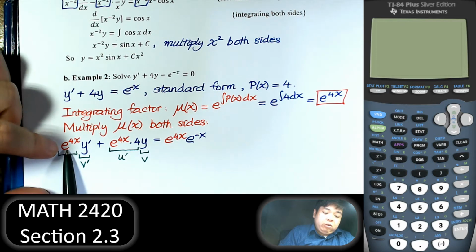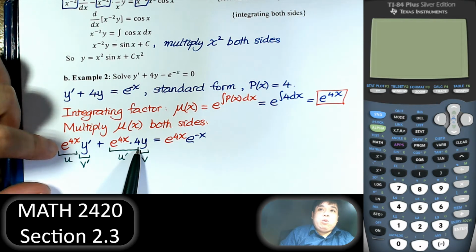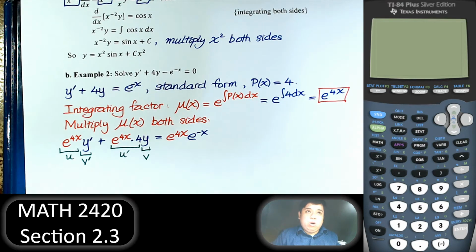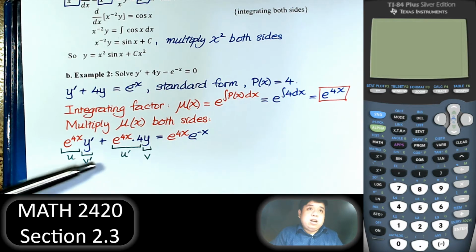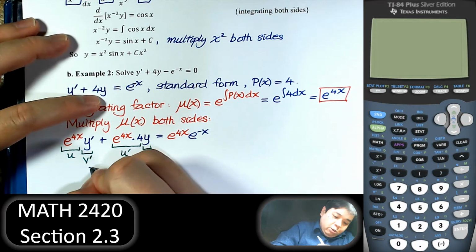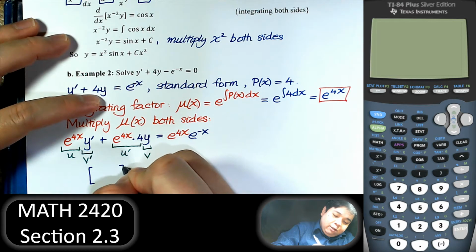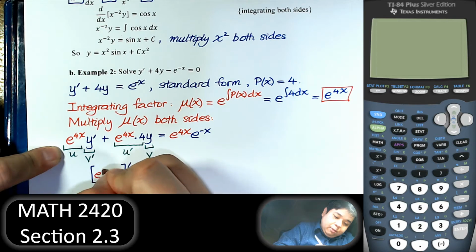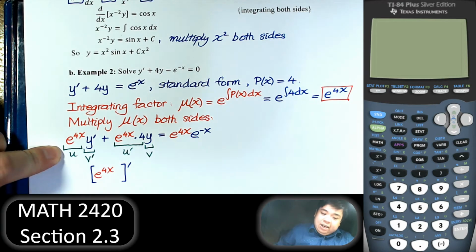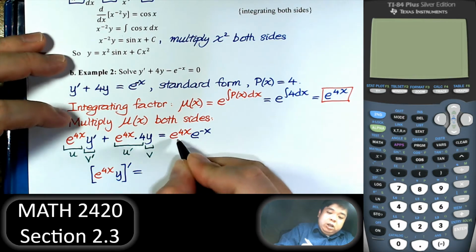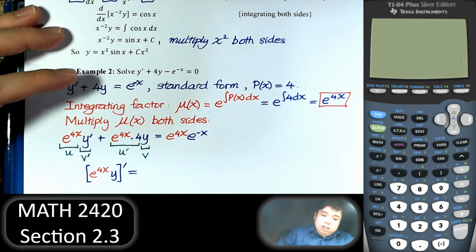So as you can see, the derivative of e to the 4x is e to the 4x times 4. So that's why we multiply the integrating factor on both sides. That gives us the product rule on the left hand side. So we can write the derivative of uv. So we have the big derivative of u, which is e to the 4x, and then v, which is y, equal to e to the 4x times e to negative x.